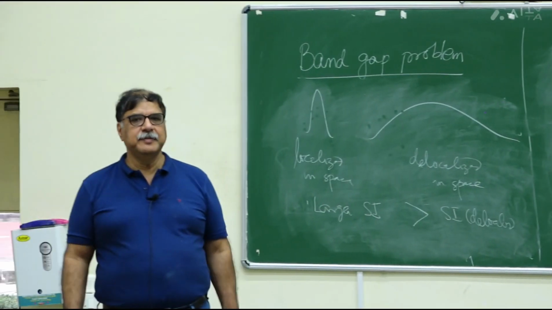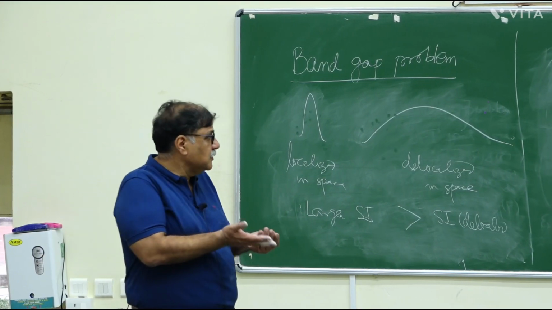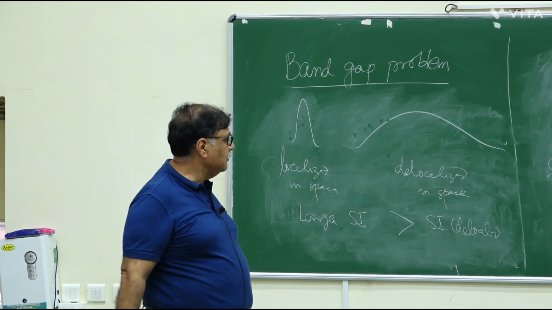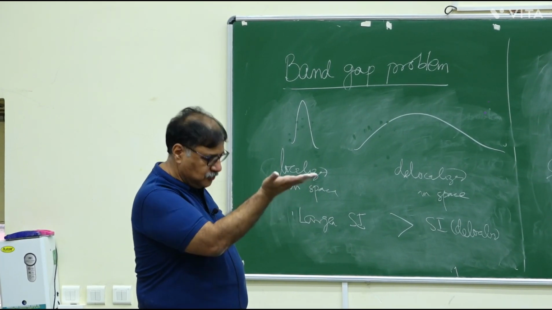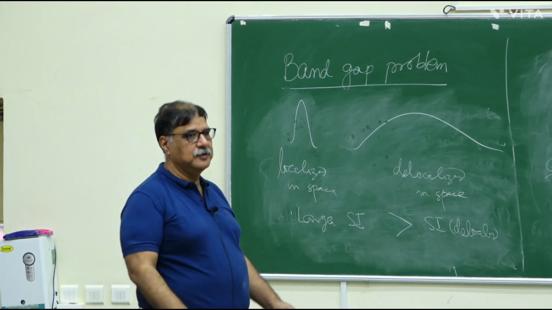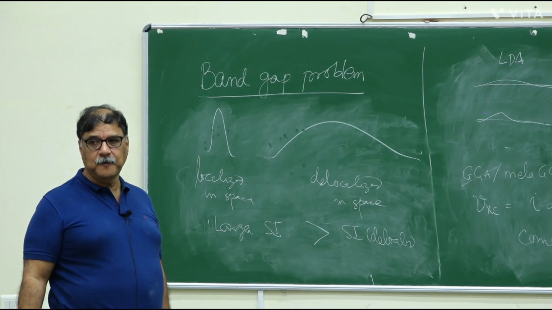Therefore the correction in the valence band is important. Since LDA and all these potentials have self-interaction, they are overestimating, so the valence band will go down more than the conduction band always. Whenever you have an orbital-dependent potential, you have a chance of getting better band gaps.